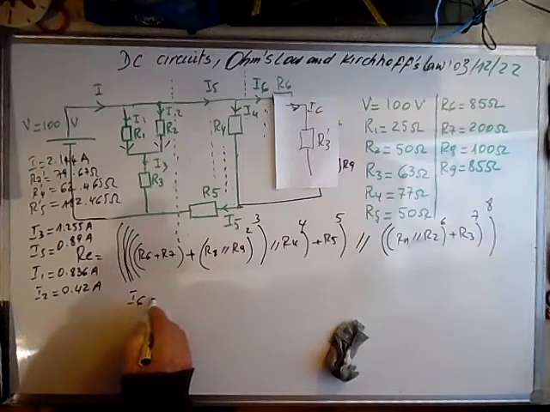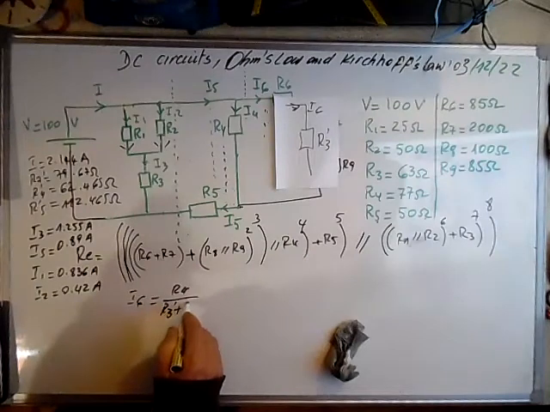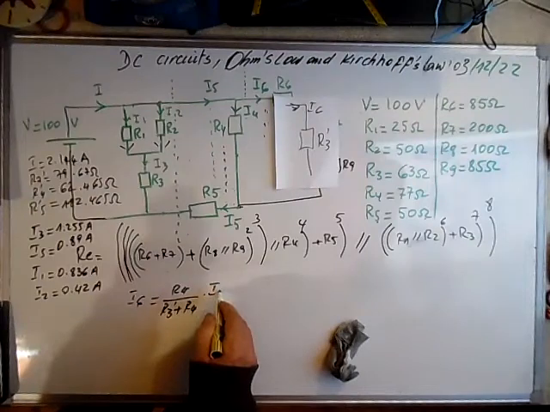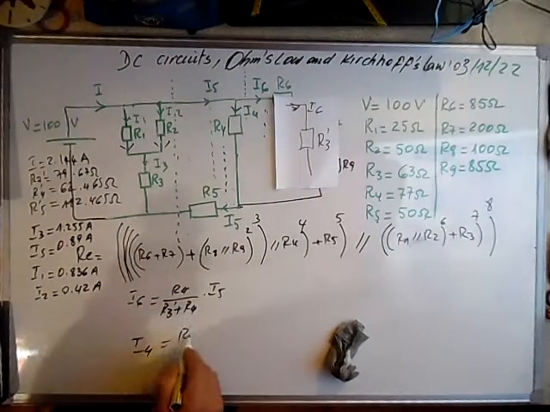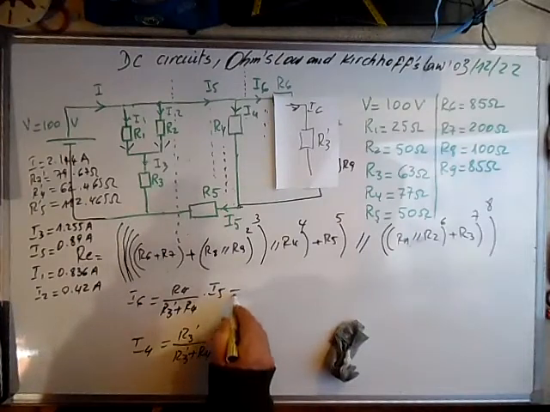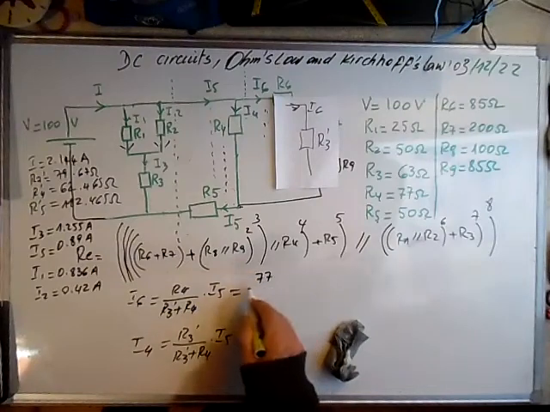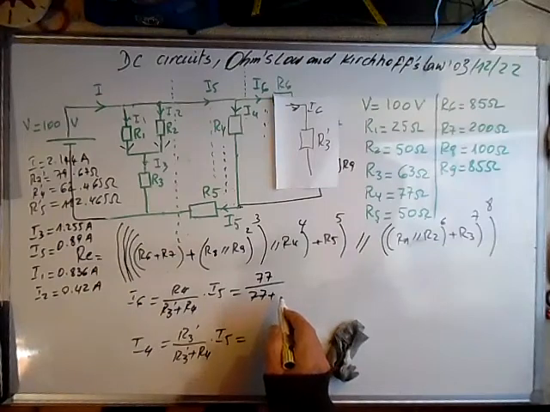I6 is equal to R4 over R3 prime plus R4 times I5, the main current. I4 is equal to R3 prime over R3 prime plus R4 times I5. R4 is equal to 77 over 77 plus R3 prime. R3 prime, I didn't write it down.